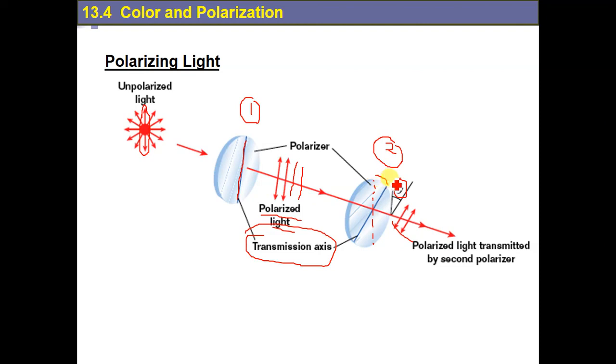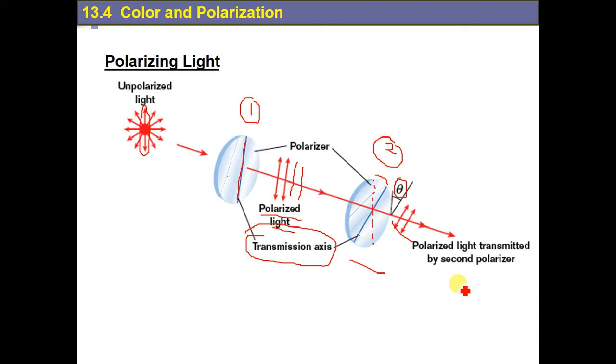So the greater this angle theta between the first transmission axis and the second, the less light will be able to pass. And if this transmission axis is perpendicular to the first, no light will pass at all, because the light will be blocked, will be absorbed. It will not be able to pass through the second.